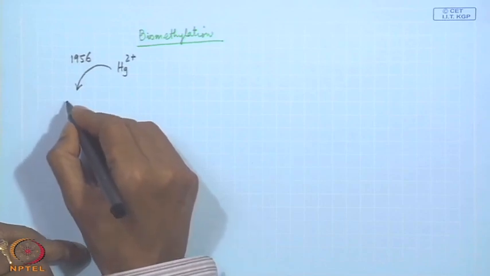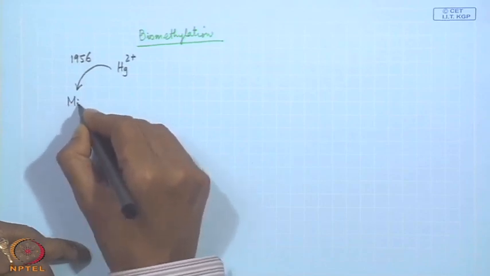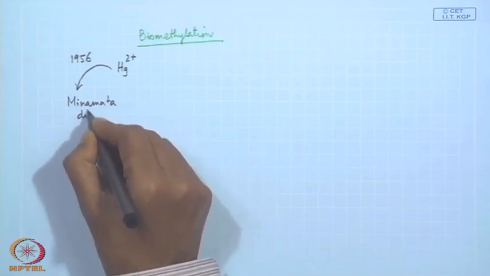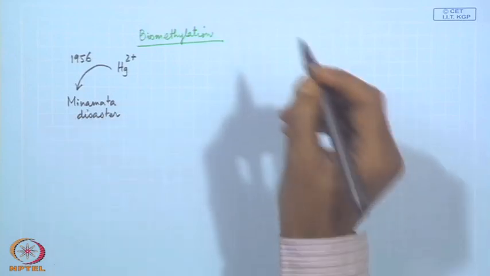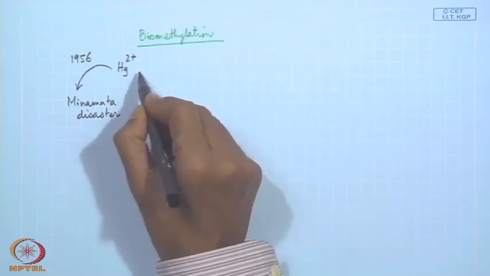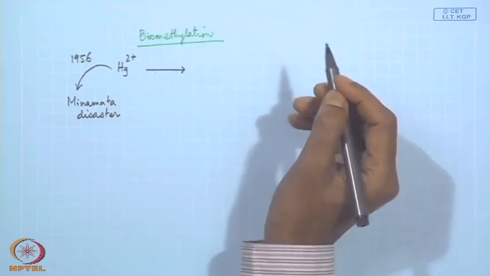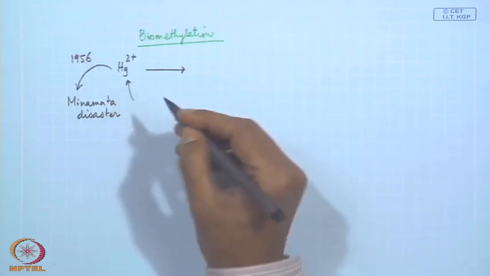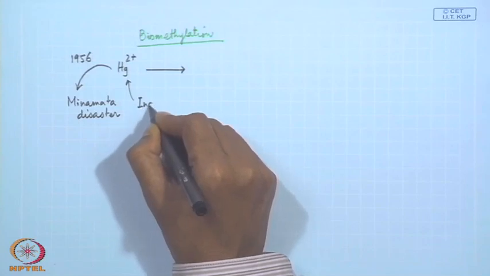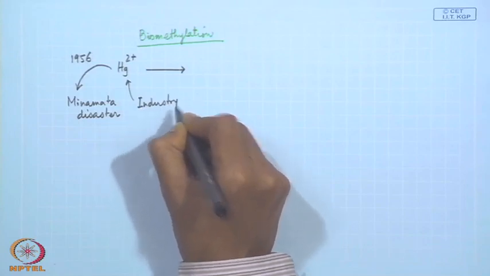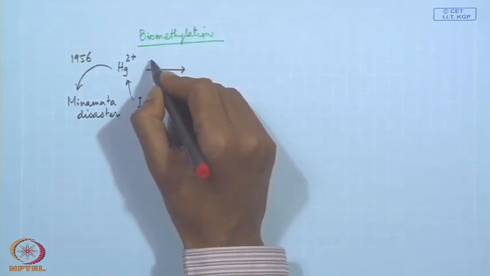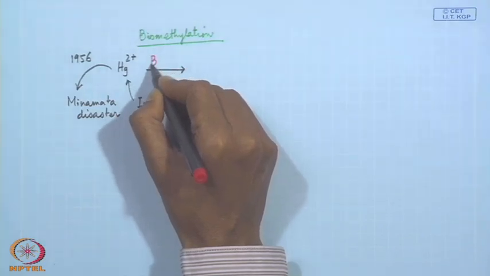We have seen the corresponding Minamata disaster in a Japan sea bay, where there was the poisoning effect of mercury from some industrial effluent. So, industry was responsible for the release of a huge amount of mercury in the sea water, but some bacterial intervention was there.